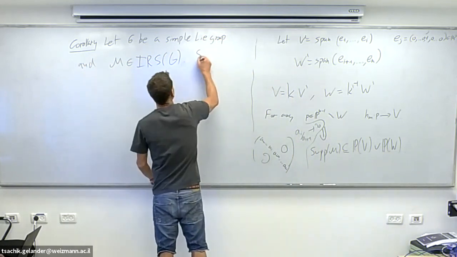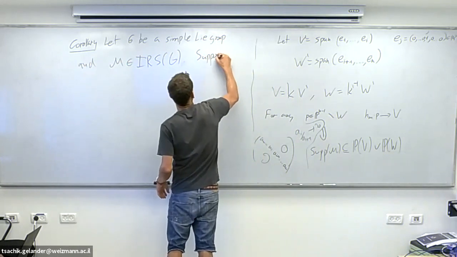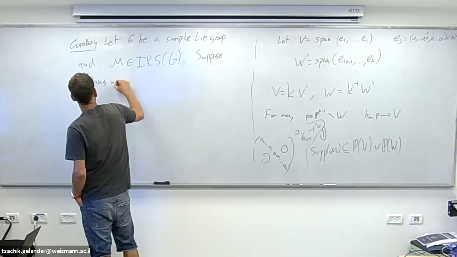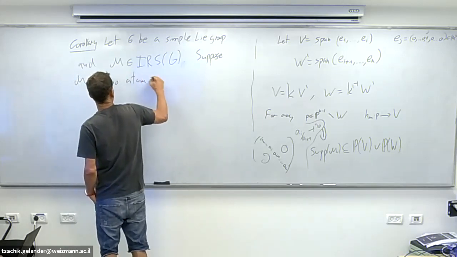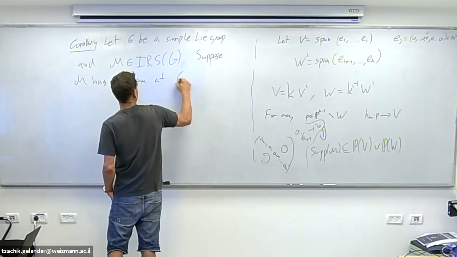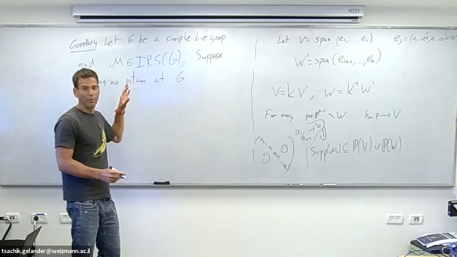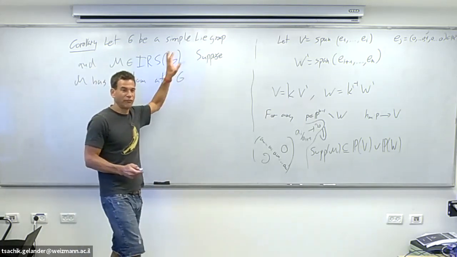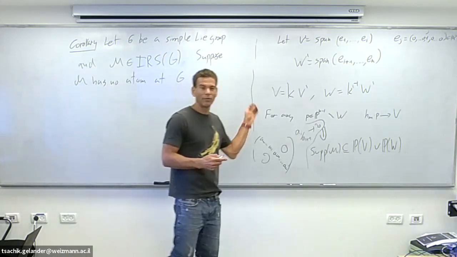Suppose mu has no atom at the group G, so the probability that I choose the group G is 0. I told you that G is an isolated point, and I want to ignore it.